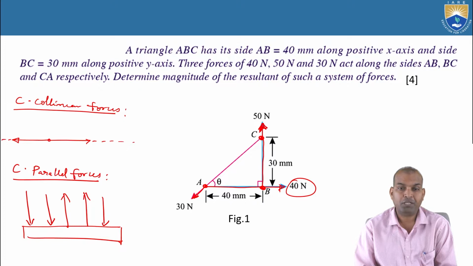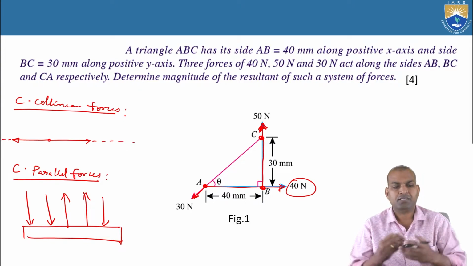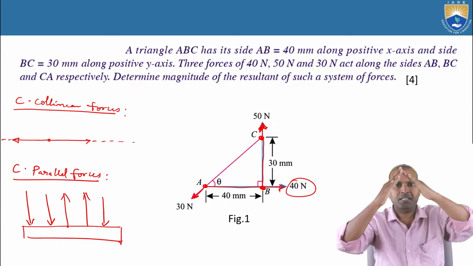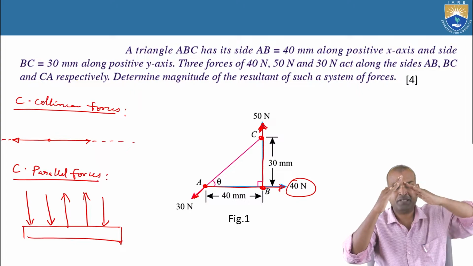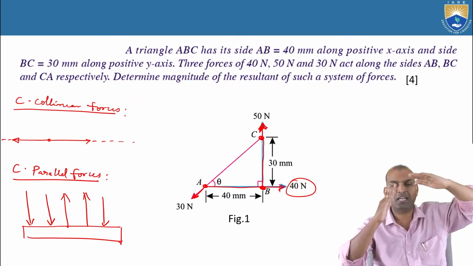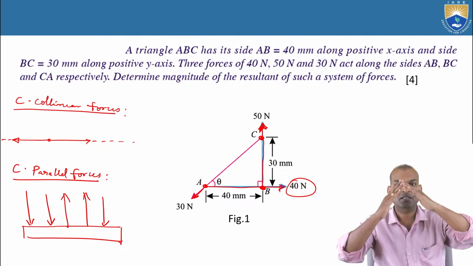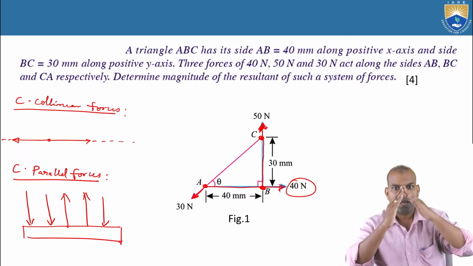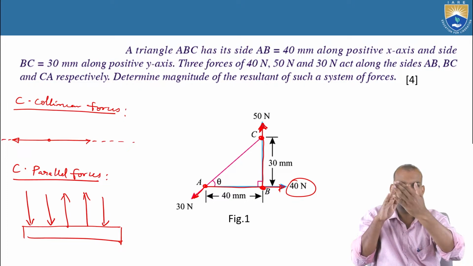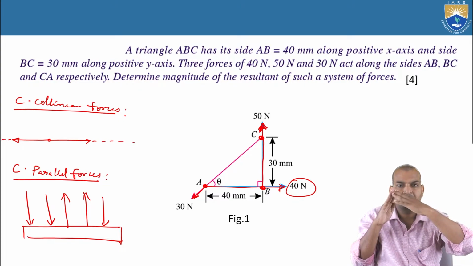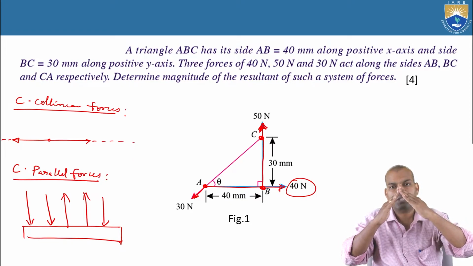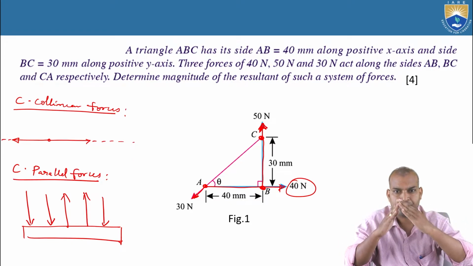Then you may ask what non-coplanar is. In the real field, if you keep two hands like that, one in the x direction, one in y, and then one in z. It may seem both are in the same plane in front of you, but they are not. One is here, another in another direction. So these are the forces acting at one point, and these are spatial force systems or non-coplanar forces.